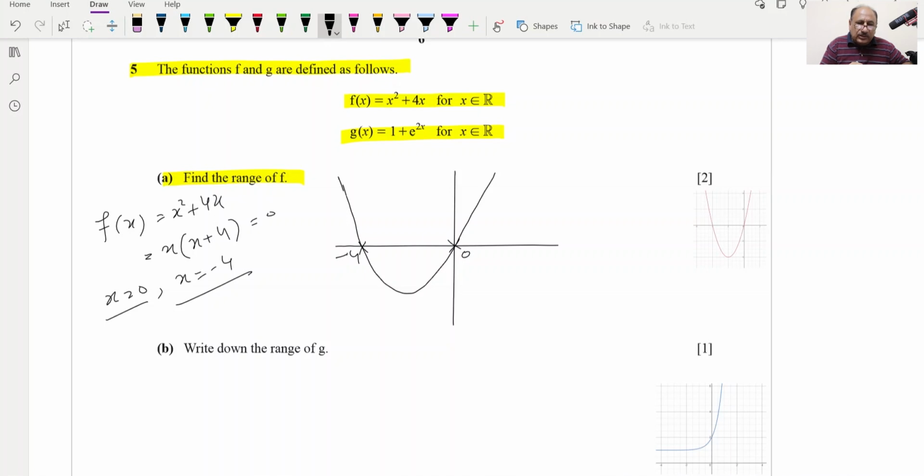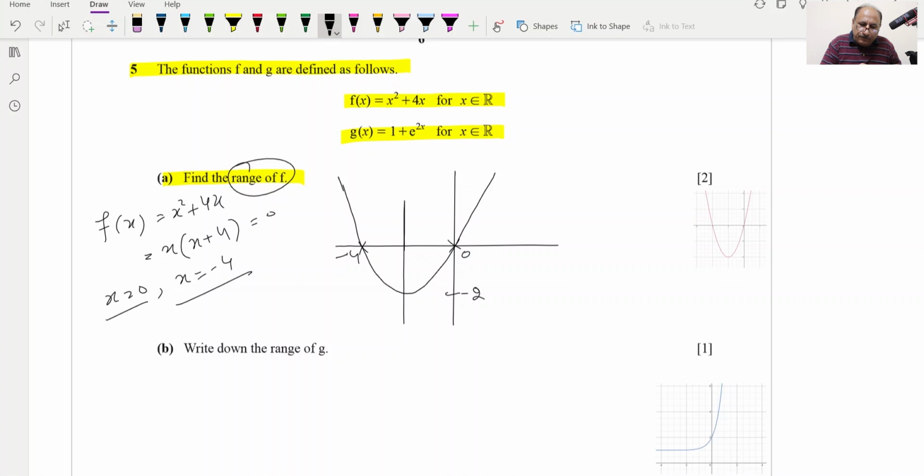Now for the range, we have to check the minimum point. The axis of symmetry will be minus 2, because the curve is symmetric.